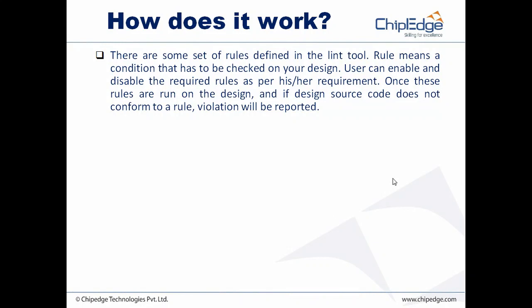So let's say you are at an initial stage of RTL development, and still you want to check the RTL. You need not apply all the rules. Whichever are applicable at the start of the project, you can enable only those rules and check. If in the initial stage itself you enable all the rules, you may see a huge number of violations, thousands of violations.